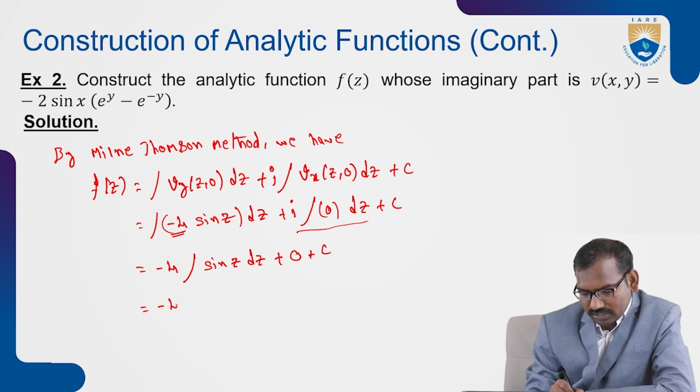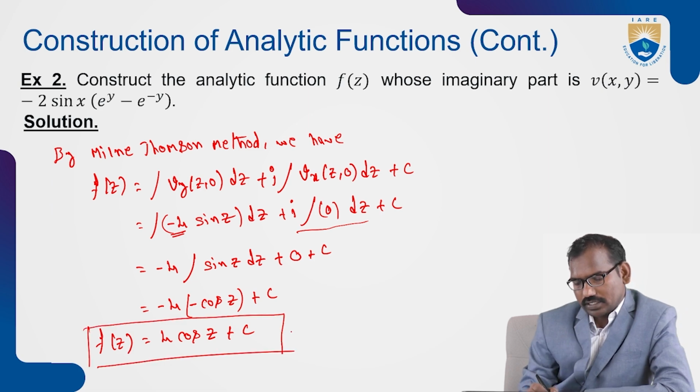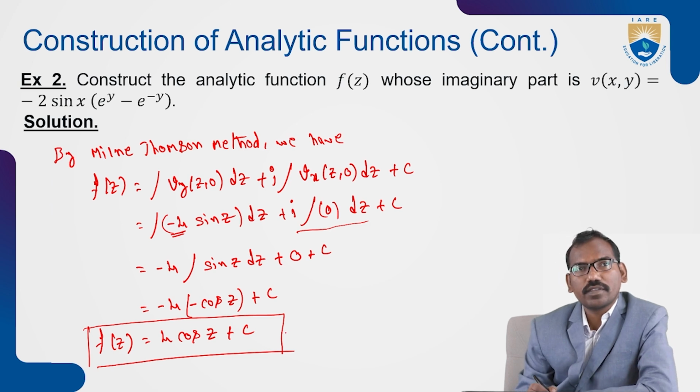Here I can have minus 4, then integral of sin z is minus cosine z, plus c. So finally what we are having is 4 times cosine z plus c. This is the value of f of z. This is the required solution.